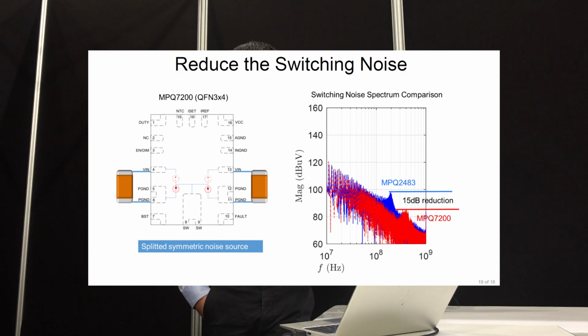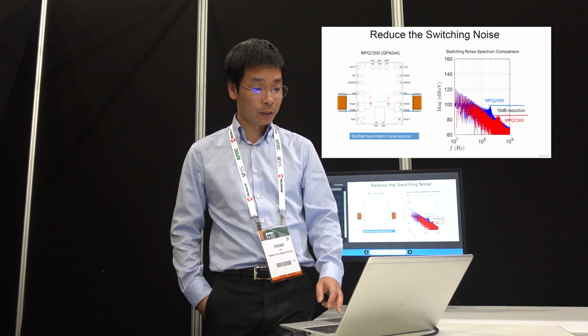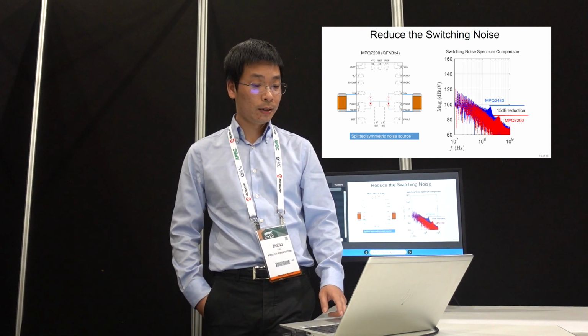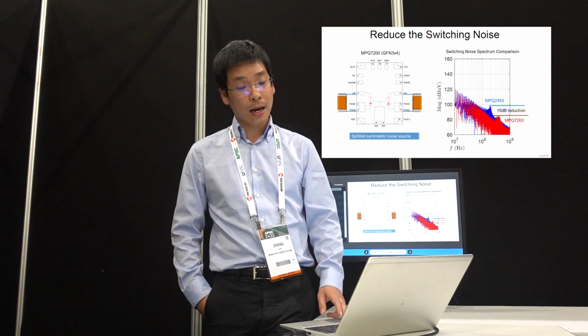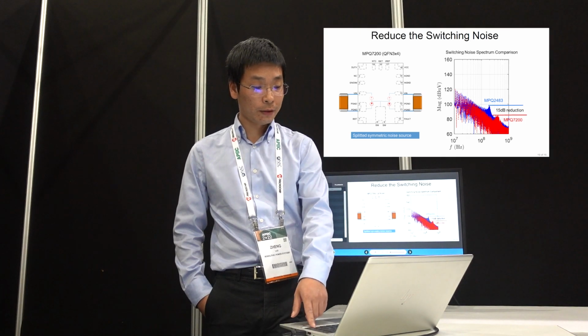And one more thing for reducing the EMI noise: because we have two separate noise sources now, the noise sources themselves also have some canceling effect at high frequency. You can see compared to the 2483, in the newer design the noise peak at high frequency also has a 15 dB reduction. So this is an additional effect of that.